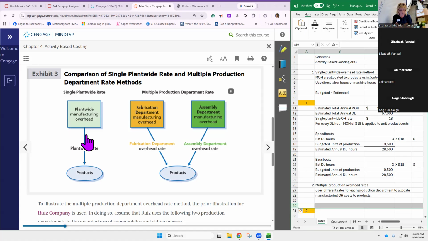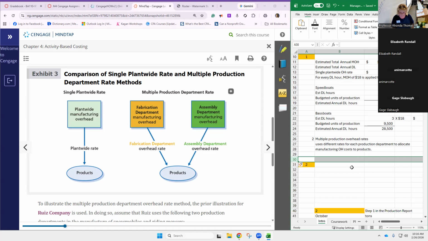So we need to make sure that we're being fair with our costing methods. And if it takes a little more work on the managerial accounting's part to come up with a couple of different rates, then we need to do it, so that costs are more precise.